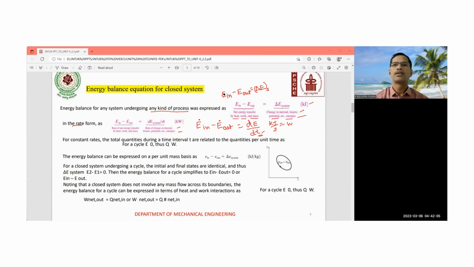Right? Clear? So that is the representation of the energy balance for a closed system in any process, and strictly in rate form, how you are going to represent it.